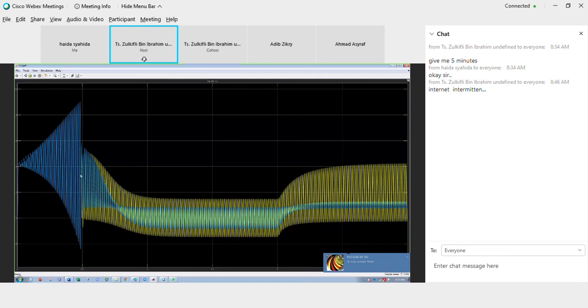sampai dekat second dia tu, it start to show the way of sampai dekat sini. Dia release thought close to average. So ini exactly why dia tunjuk dia jadi macam-macam.